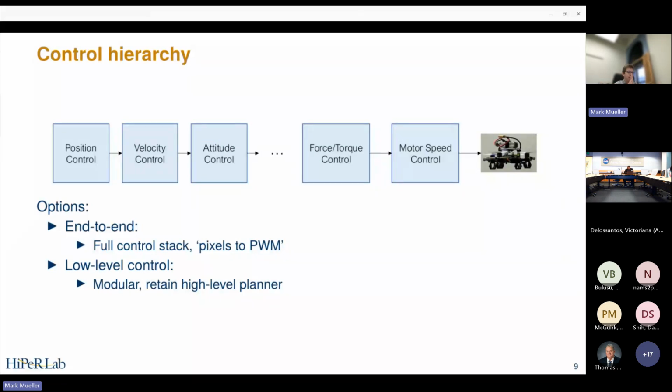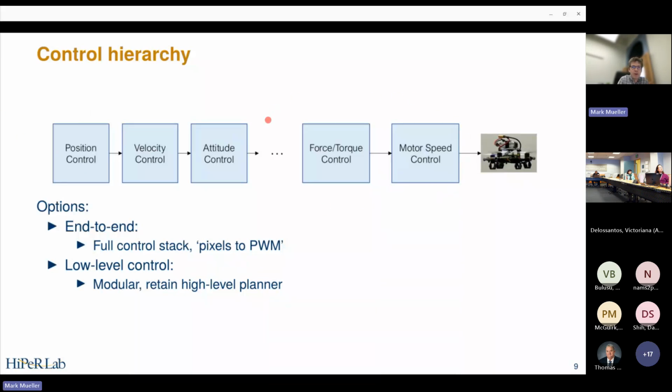On the one hand, this can be very robust because it doesn't include the narrow connections between state estimation and control, which is often where we see fragility enter our control systems. But it tends to be very hard to generalize. It tends to be made for a specific mission type or objective, and it's very hard to interpret anything. Because it's end-to-end, there's no way to look inside the box and understand what it's doing.